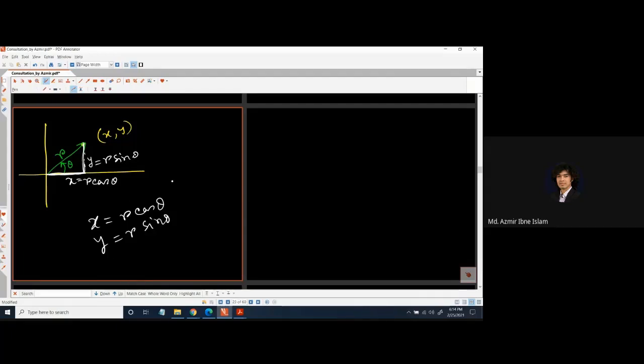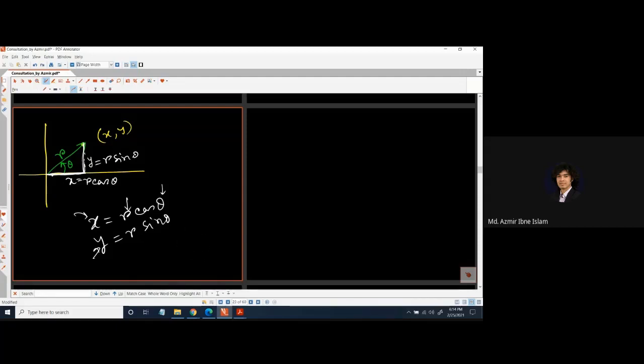So suppose we have the polar form, we have r and theta in our hand, then we can easily convert to x and y. But suppose we have x and y, and we need to convert to the polar form. We need r and theta. So how can we find r and theta?